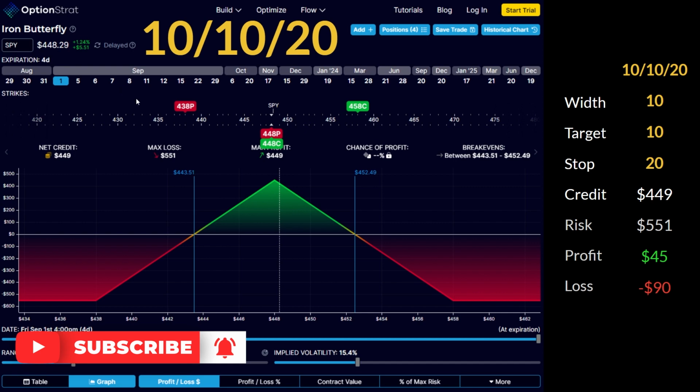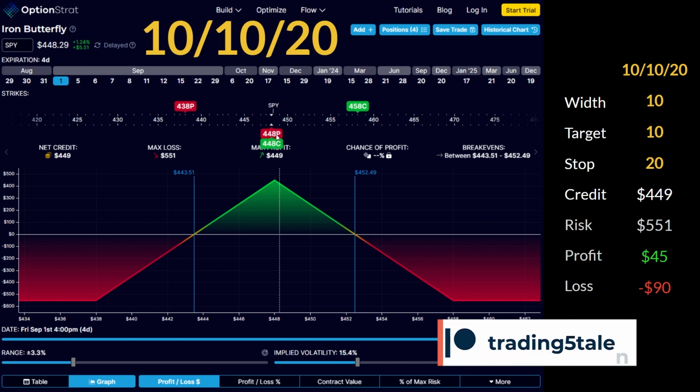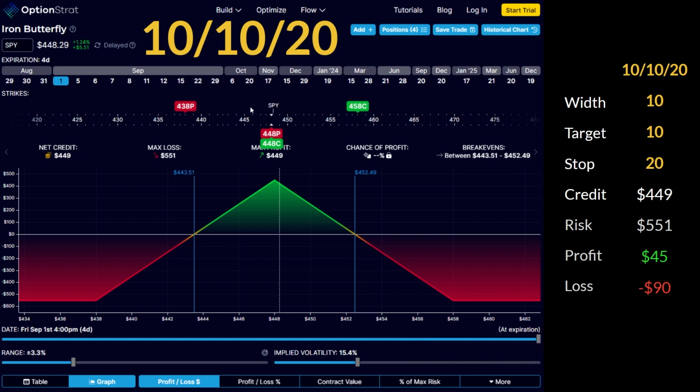This was a neutral iron fly, so the at the money strikes are $448. And this is a 10 wide iron fly, so the long call is going to be $458. The long put is going to be $438, $10 wide from that center strike.